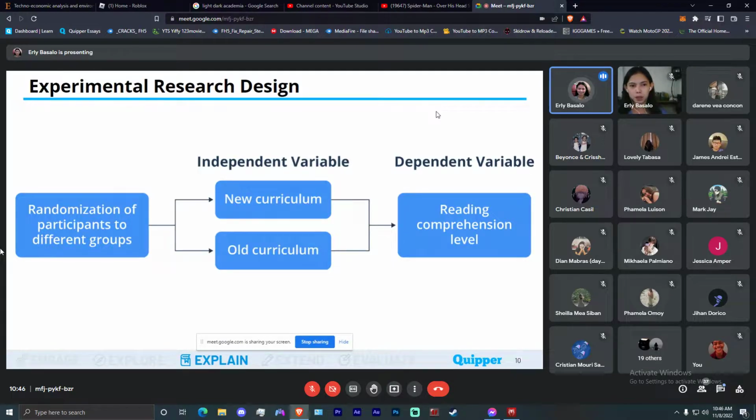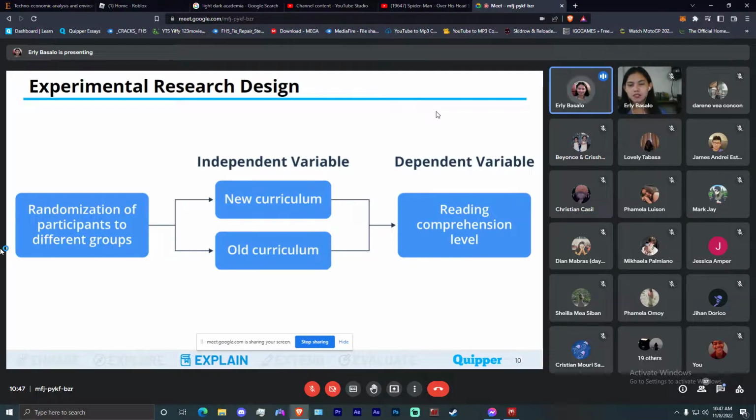So for example, one of the variables of our research topic is randomization of participants to different groups. So the independent variable here is the new curriculum and old curriculum. Then the dependent variable is the reading comprehension level.